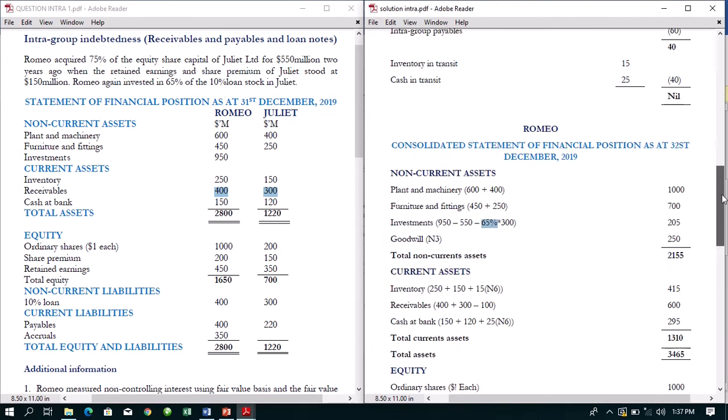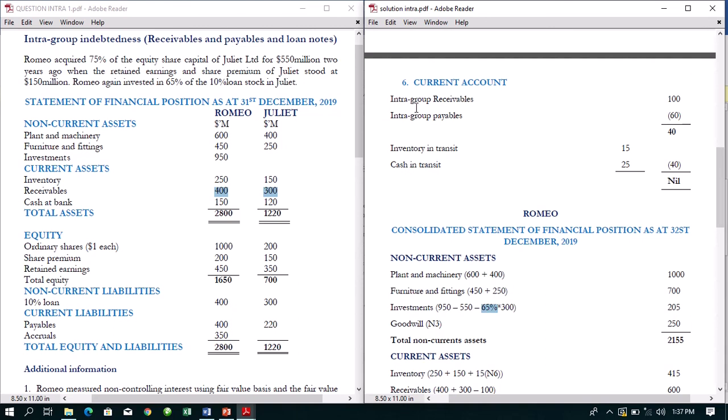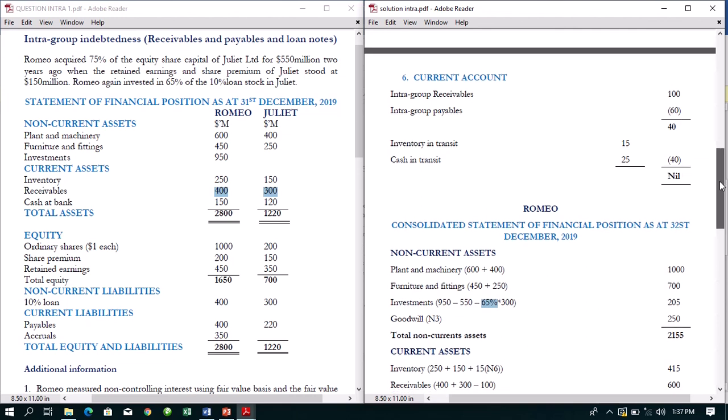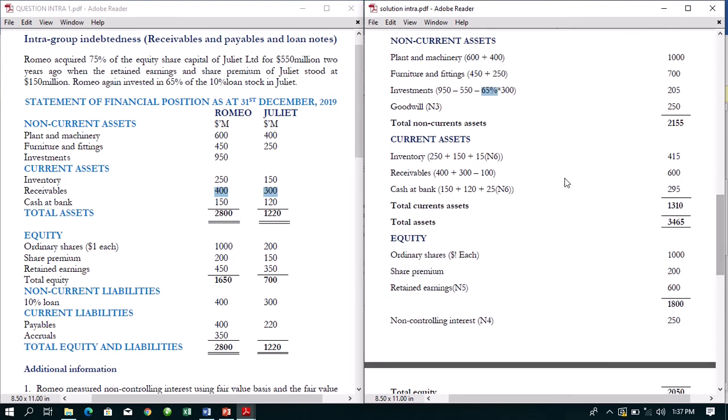Let me go back. In my note 6, the intra-group receivable is 100, and as such I have to eliminate 100. And when I get to payables, I have to eliminate 60, which is very easy as explained earlier. So coming here now, I eliminate the 100, giving me a total of 600.